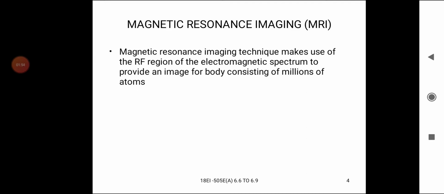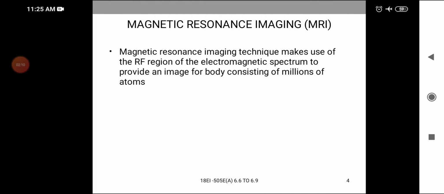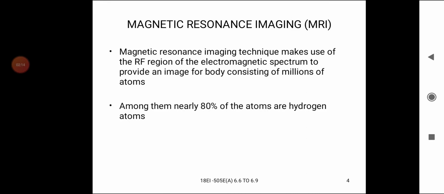Magnetic resonance imaging technique makes use of the radio frequency region of the electromagnetic spectrum to provide an image for a body consisting of millions of atoms. Among them, nearly 80% of the atoms are hydrogen atoms.